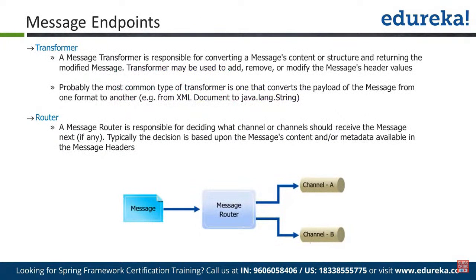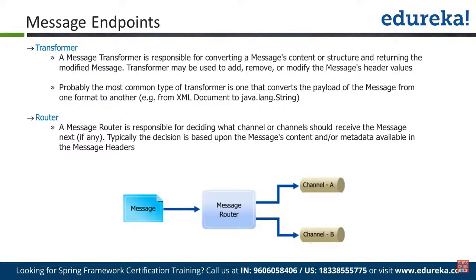Some other message endpoints are the transformer and the router. As the name implies, a transformer is used to transform your incoming messages into something else. For example, a message transformer is responsible for converting a message's content or structure and returning the modified message. A transformer may be used to add, remove, or modify the message's header values.